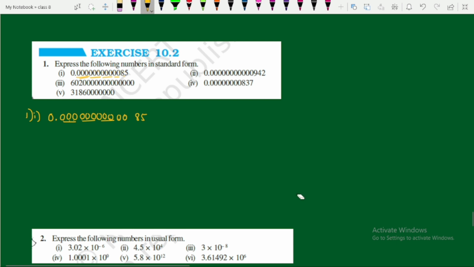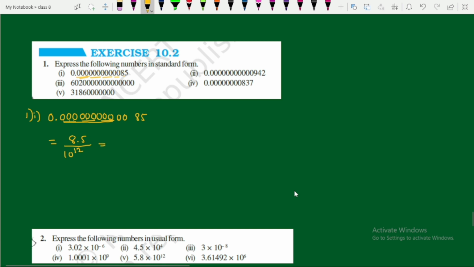So how can we write it in standard form? We take 8.5, the decimal point shifted to between 8 and 5. This we write divided by how many zeros? 10 to 12. We shifted 12 places from left to right, so we have to take it as 10 to 12.